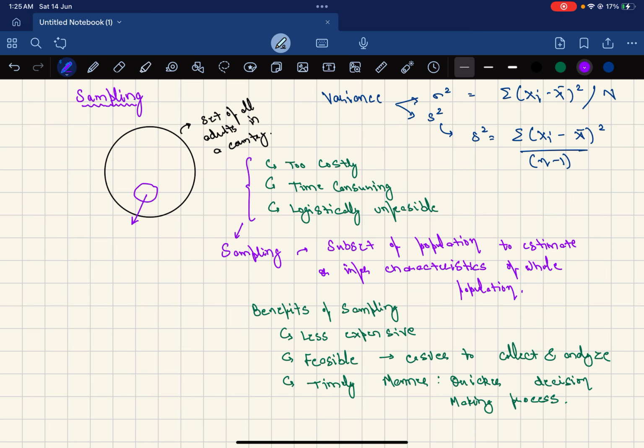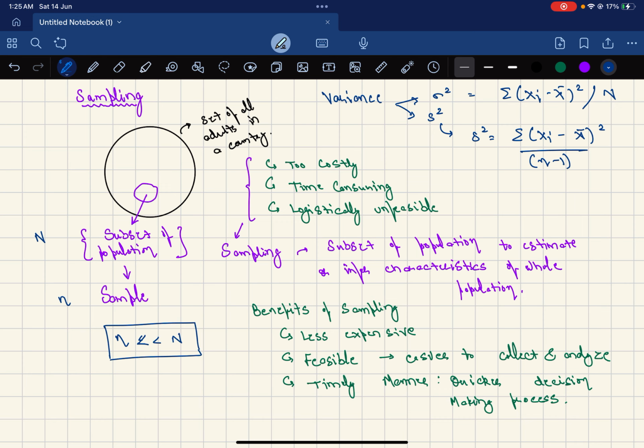But for now you can assume that we are picking a subset of the population, and this subset is called the sample. We denote the population size by capital N and the sample size by small n. So obviously small n is normally way less than capital N.